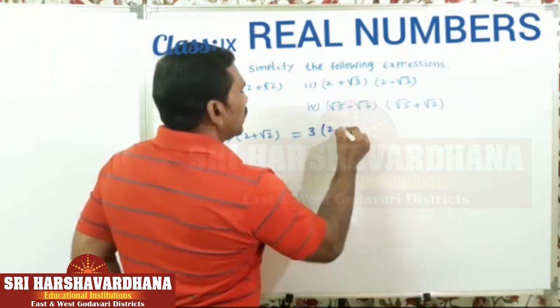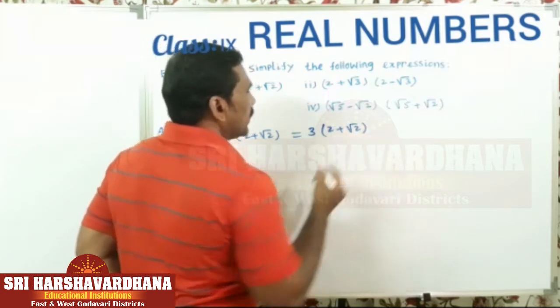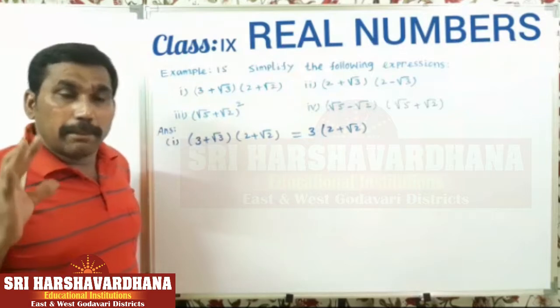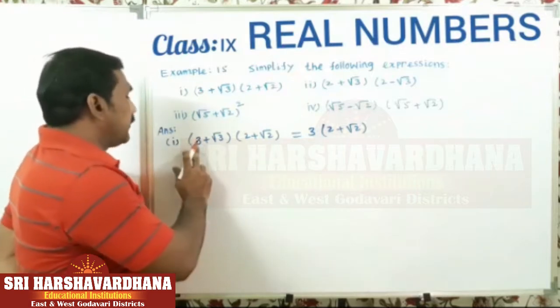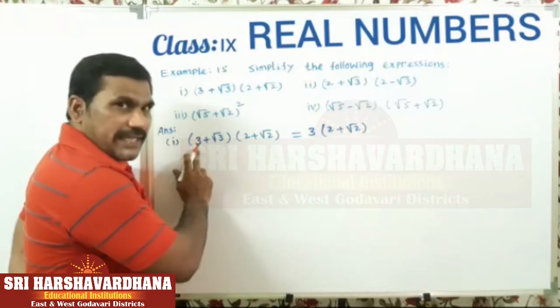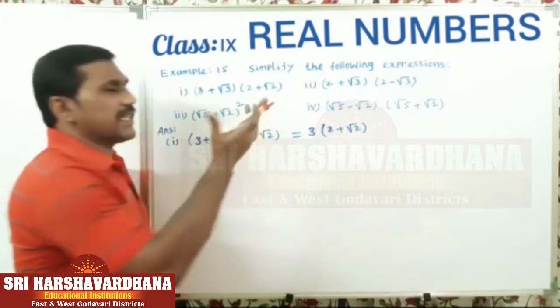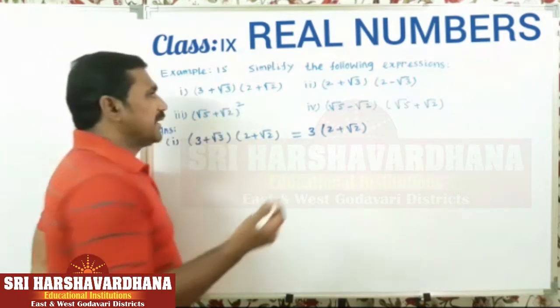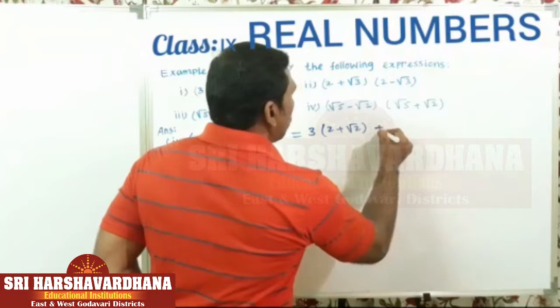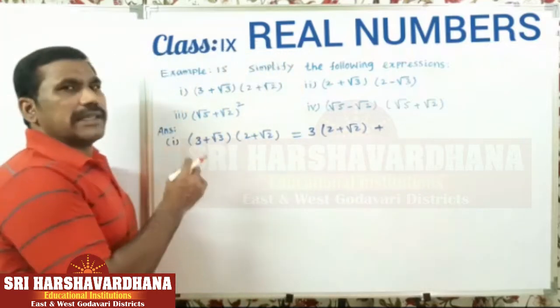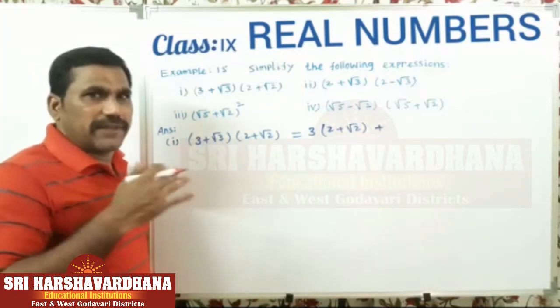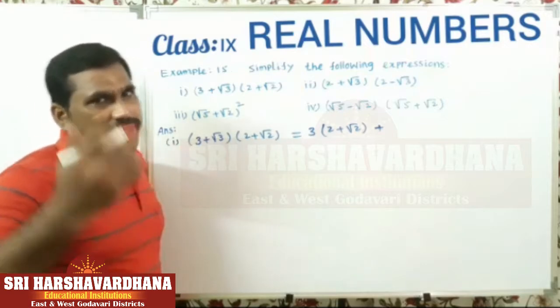And write down the second expression. What I mean is multiply the first term of the first expression with the second expression. Okay. Next, after that, multiply the second term of the first expression with the second expression.